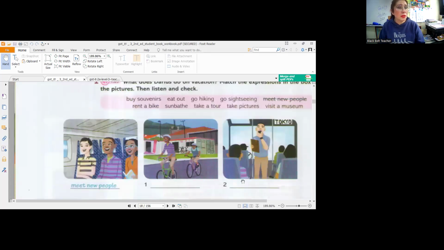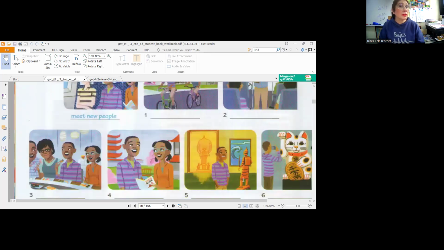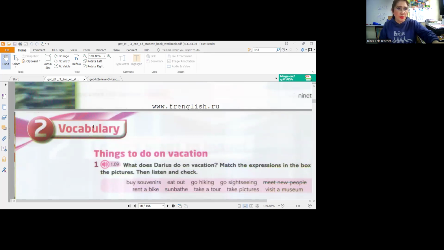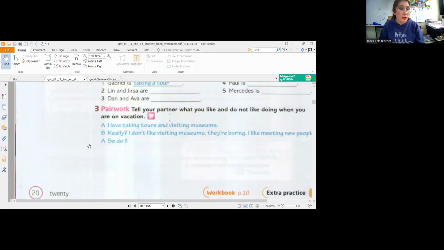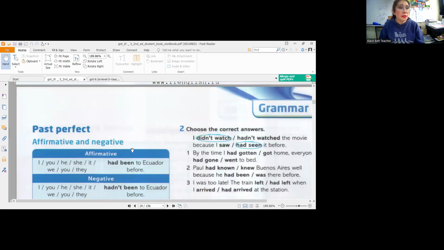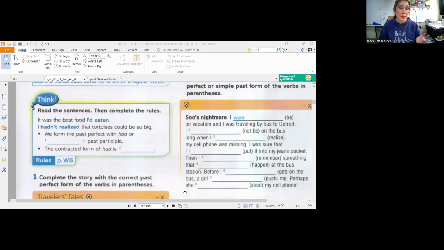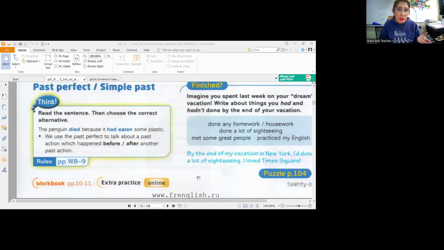Okay, so as we jumped to page 21, and of course, we are gonna go over vocabulary, this page that you see over here. We're gonna do that next week, don't worry. Because I presented today this verb tense, I want you to do this page entirely, okay? This is page 21.